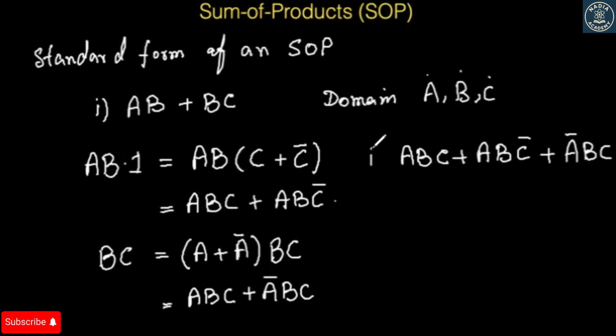Now, this expression is in standard form of SOP. So we always need to have our SOP in its standard form. What standard form means is that each product term must have the full domain of this expression. Domain means the number of variables that we have in this expression. So three variables. So in each term, now we have three variables.